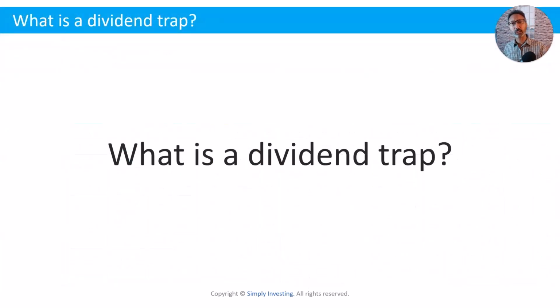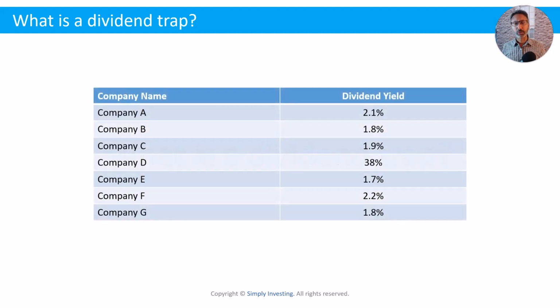So now let's take a look at what is a dividend trap. So the best way for me to explain what a dividend trap is, is just to show you what a dividend trap looks like. So now on the screen, you can see there's 7 companies here, sample companies. We have company A, company B, C, D, E, F, G. The dividend yield for company A is 2.1%.